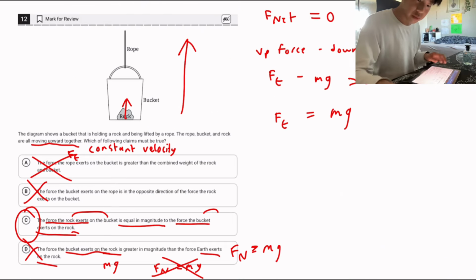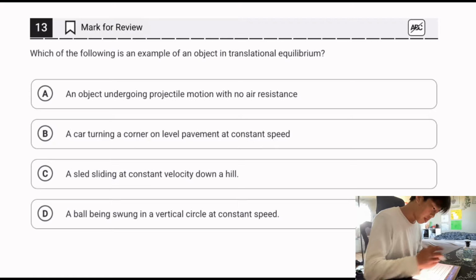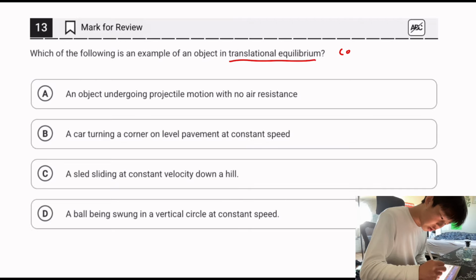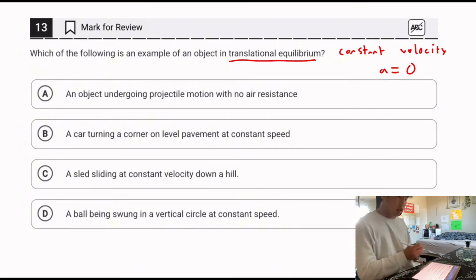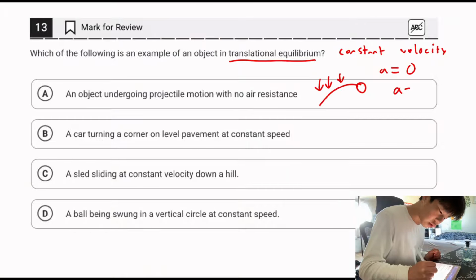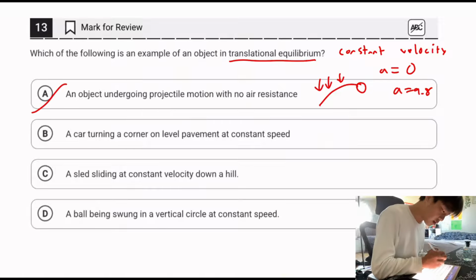Okay. So for this next question, it might be one of the easiest questions I've ever seen. Translational equilibrium basically means that it's moving at constant velocity and that a is equal to 0. So what does this mean? If there's projectile motion, let's say there's a ball thrown that way, there's always going to be the force of gravity, and gravity is equal to 9.8, which is not 0, so it can't be this one.